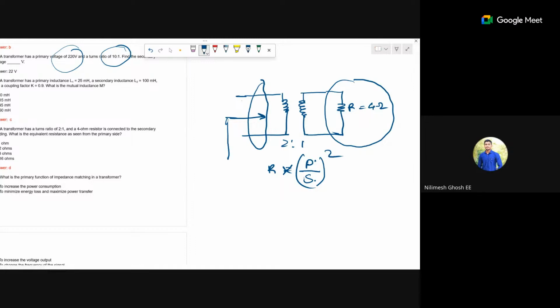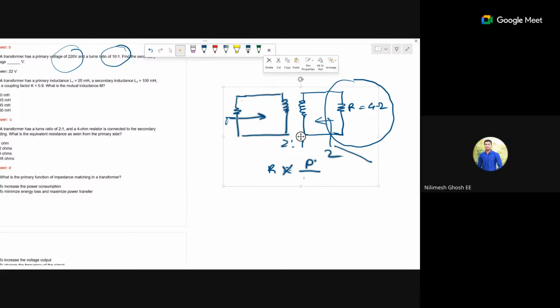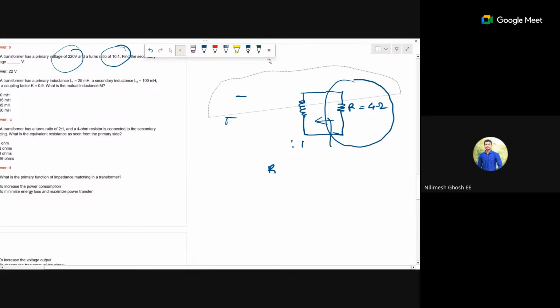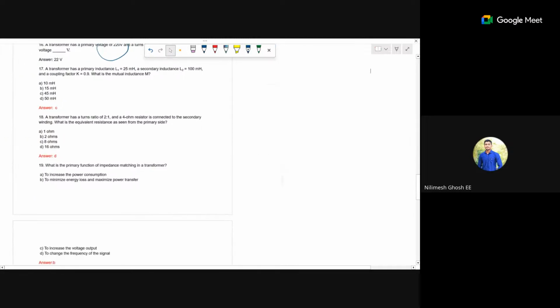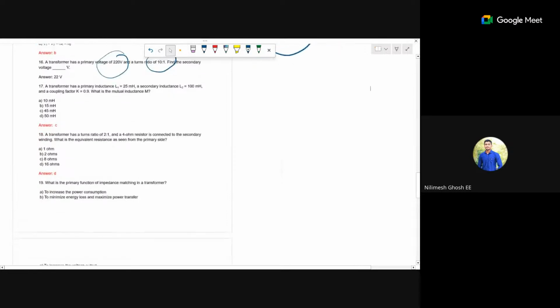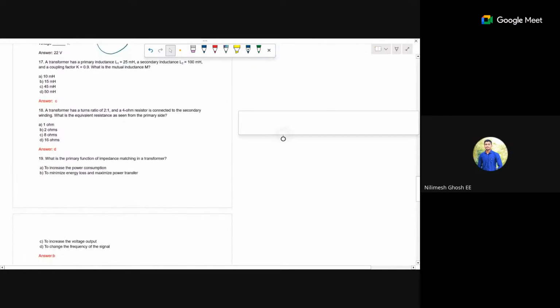If there is a resistance here, let's say this is Rx, and I am looking from here, the destination and source will be exactly opposite, because we are looking from the secondary side. So this is a simple question.